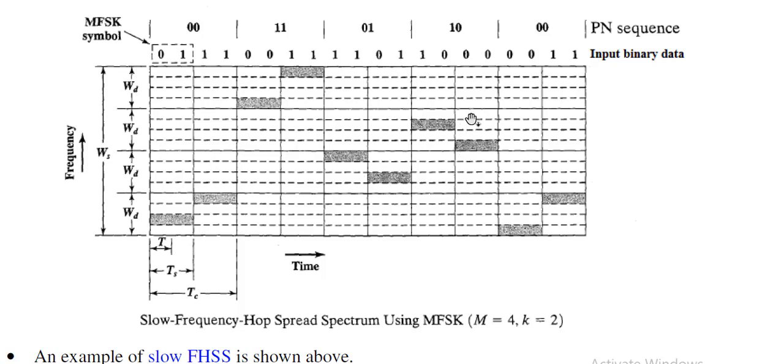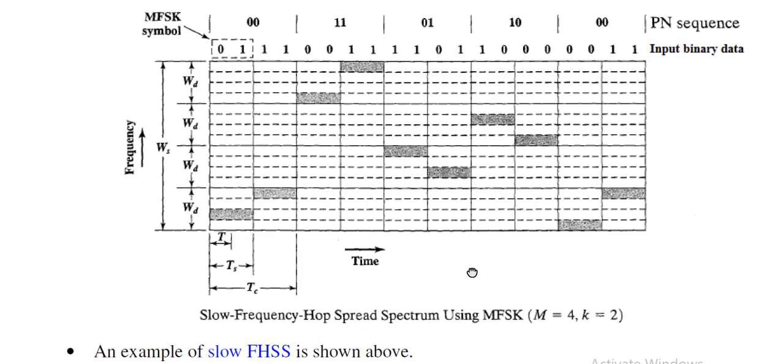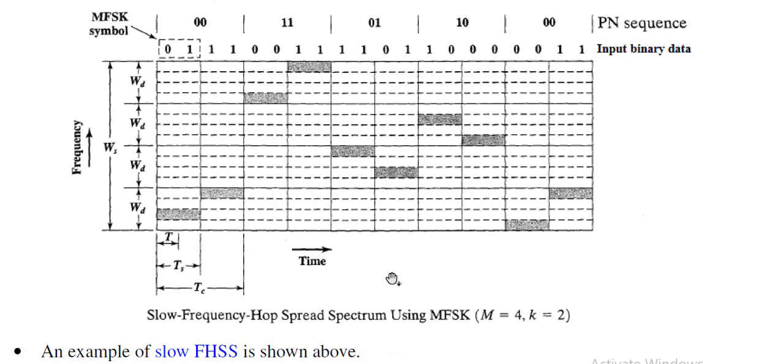Every time we jump to a channel, and each channel has 4 frequencies or 4 sub-channels or 4 sub-bands, and we have our signal elements. Each signal element has a frequency F0, F1, F2, and F3 to encode our data. As we can see here, along our encoding of the data, we did not stay in the same channel.